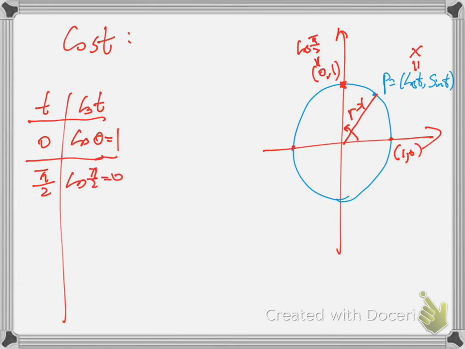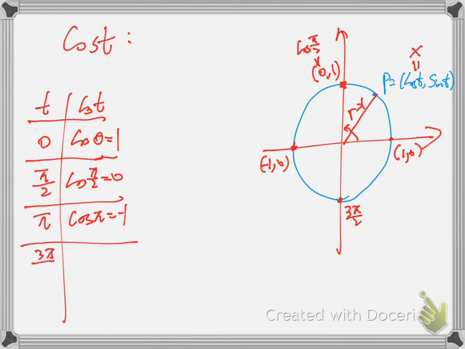And then pi. When the angle is pi, the point is -1, 0. The x part is -1, so cosine pi is -1. And here is 3 pi over 2, which is the point 0, -1, so the x part is 0 again.